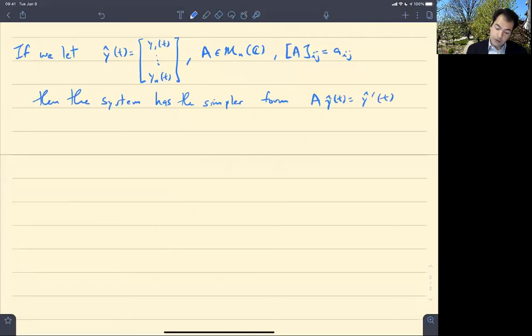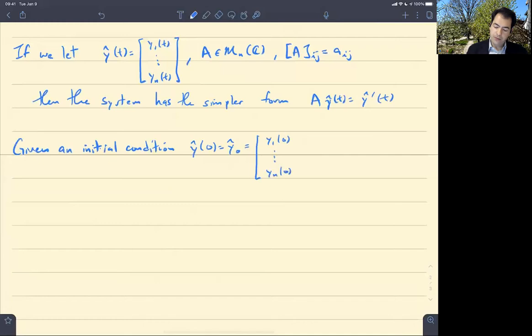And now, in analogy with what we did in one variable, given an initial condition, for example, y hat at 0 is equal to the vector y naught, which would have coordinates y1 of 0 down to yn of 0.